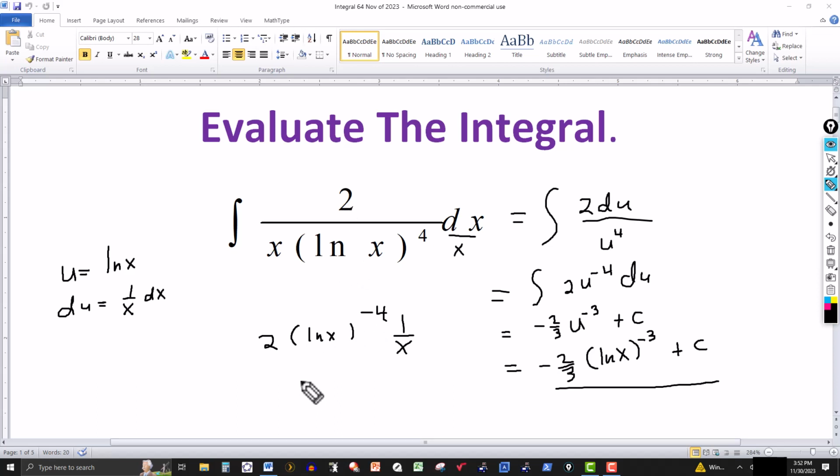So I can rewrite this as 2 over, and then take the ln of x to the denominator, and of course it's to the 4th power here. And of course you have the x there also. So I get 2 over x ln of x to the 4th, and that's the integrand.